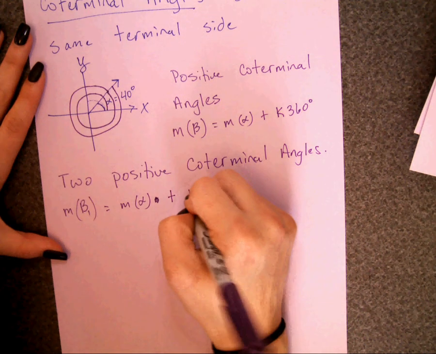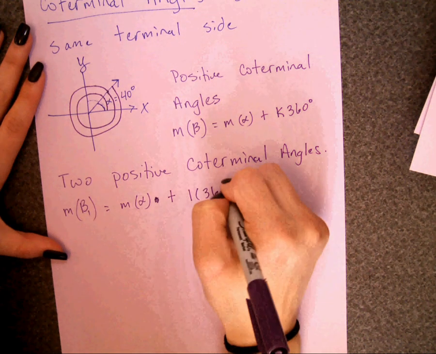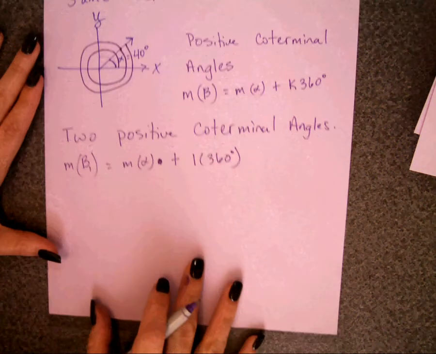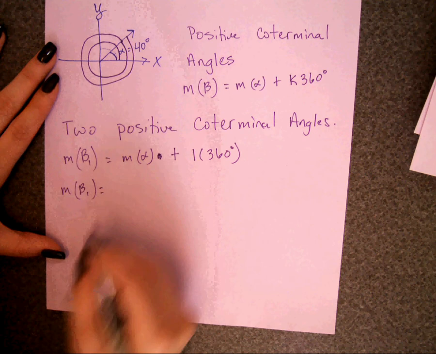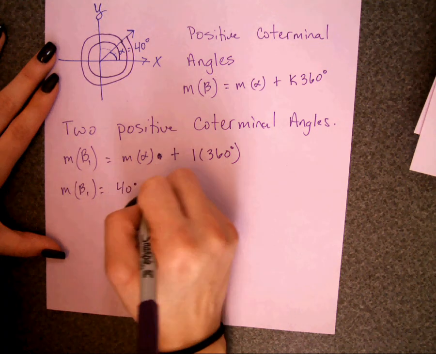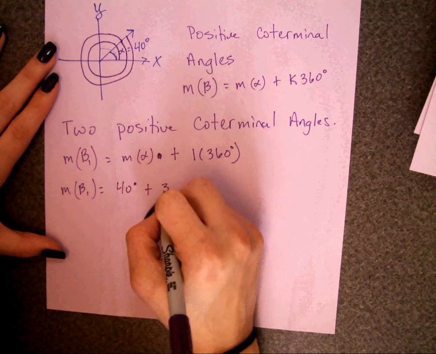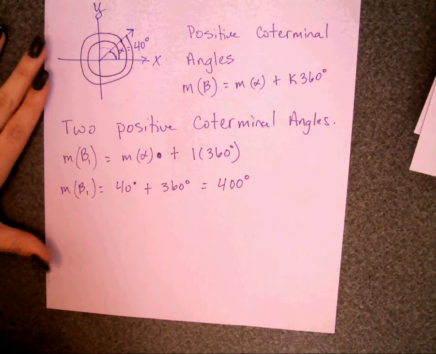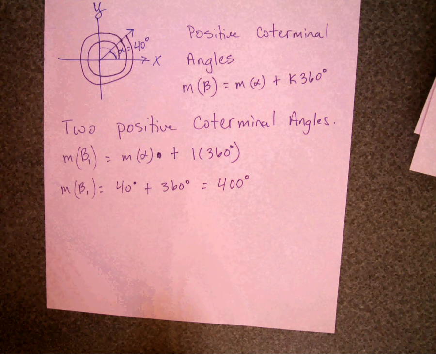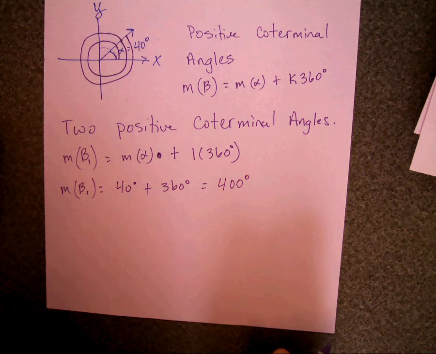So I get my first coterminal angle, beta 1, to be 40 degrees plus 360 degrees. So I get a new angle of 400 degrees, once all the way around the unit circle, and then stopping at alpha again. So there's one positive coterminal angle.